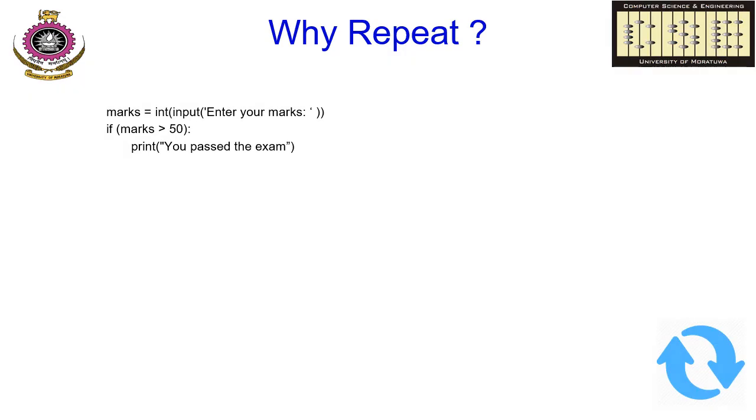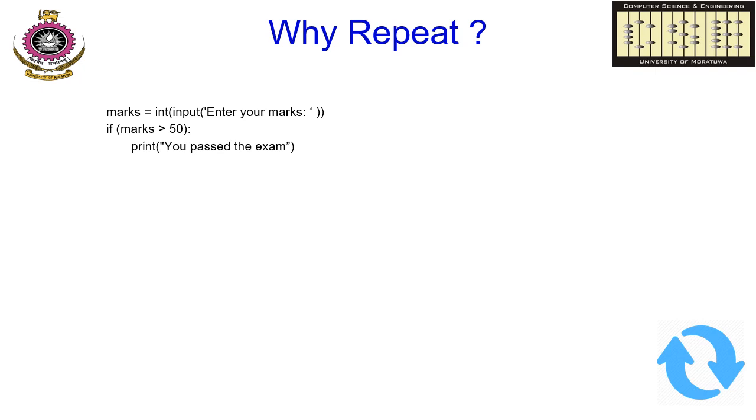So why do we need this control structure called loops? Or simply, why do we need loops? The main reason that we need loops in a program is to achieve repetition, when we need to repeat the same code block.